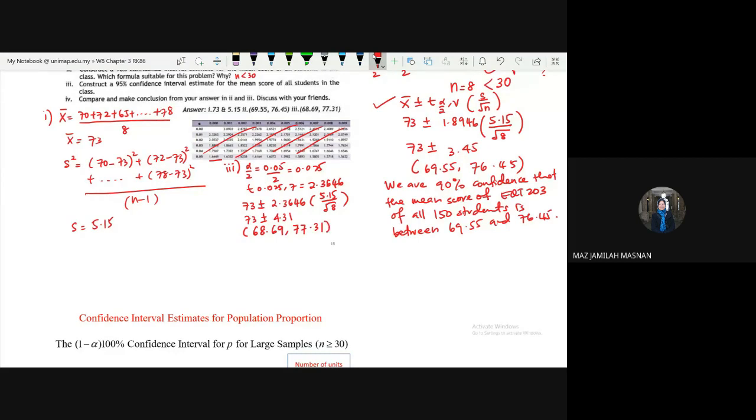So we are 95% confident that the mean score of EQT 203 of all 150 students is between 68.69 and 77.31.